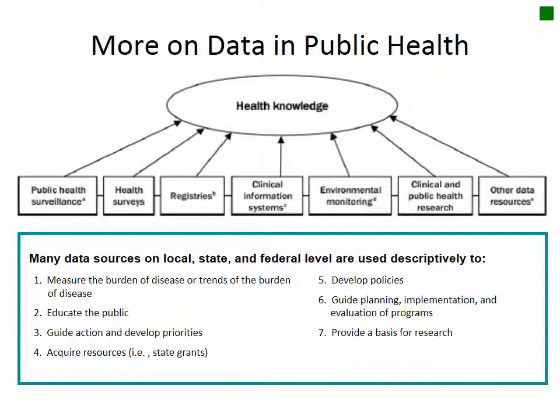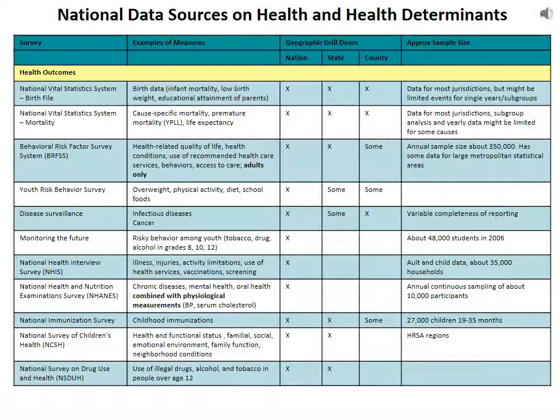Develop policies, plan, implement, and evaluate programs, and then provide a basis for research. And this is actually related to those 10 essential public health services that I mentioned earlier in the lecture.